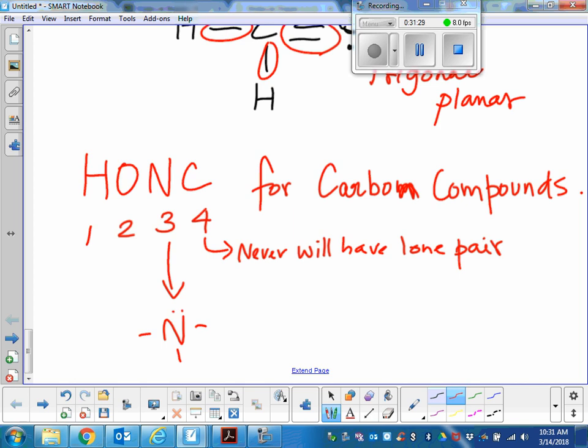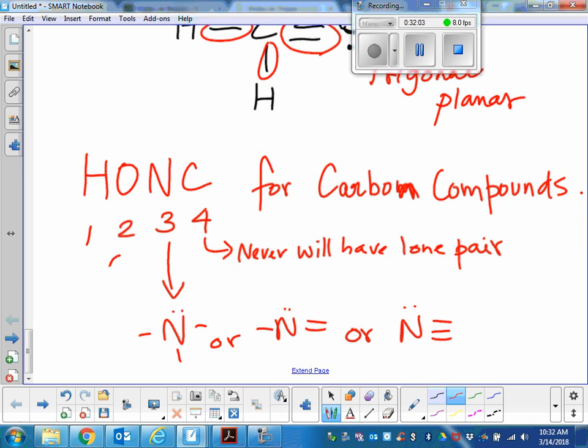Does that make sense? Now these 3 bonds on nitrogen can be in 3 different directions, or it can be double bonded like that, or it can be triple bonded like that as it is in diatomic nitrogen. Yes or no? Does that make sense? It doesn't necessarily have to be in 4 different directions, but we need to have, for carbon 4 bonds, for nitrogen 3 bonds. Does that make sense?